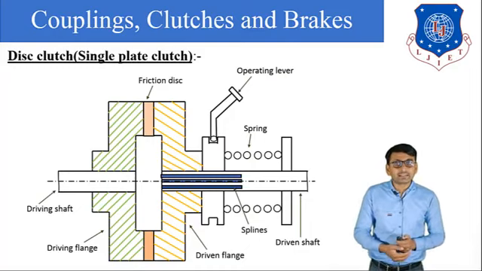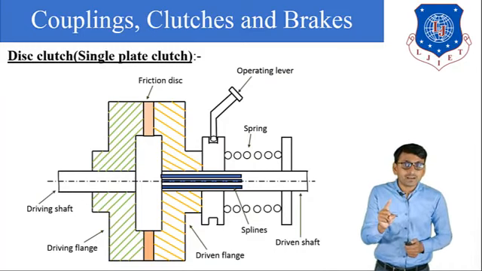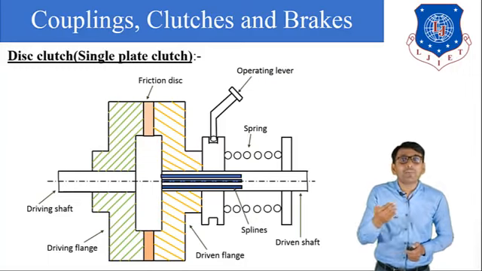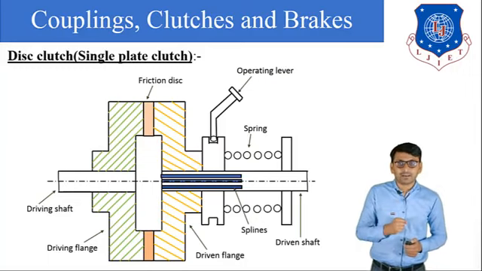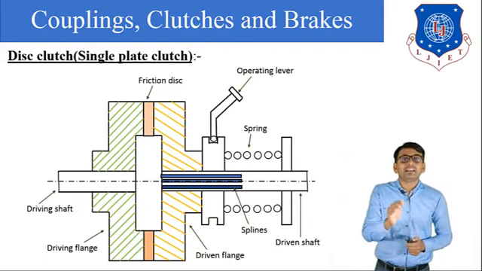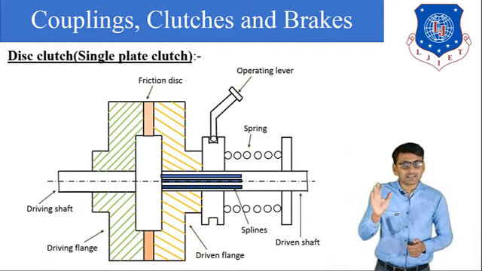So we have to discuss two paragraphs. In the first one, in normal working condition, what happens, and in the second one, when the clutch is applied, what happens. So in normal working condition, there is a connection between the driving flange and the driven flange. So motion and power transfer from one shaft to another shaft.